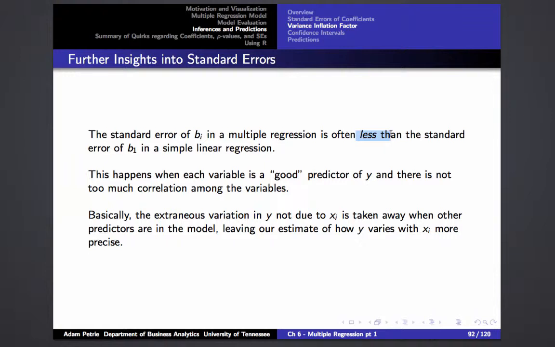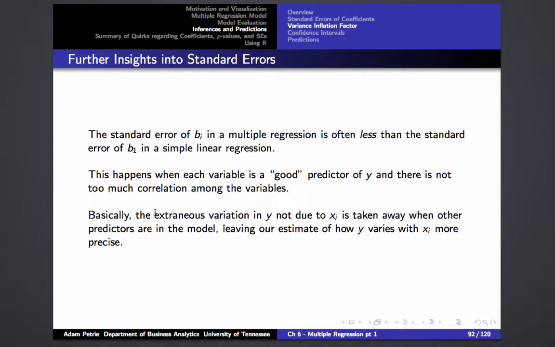And if we really want to know what variation in Y is due to a particular predictor, it's good to account for those other sources of variation. And so what's happening is that the standard error, how far off we think that coefficient might be from the truth, actually gets smaller the more we account for extraneous sources of variation, as long as each of the predictors in the model is basically a good predictor of Y. It's not a junk predictor, and there's not too much correlation in the variables.